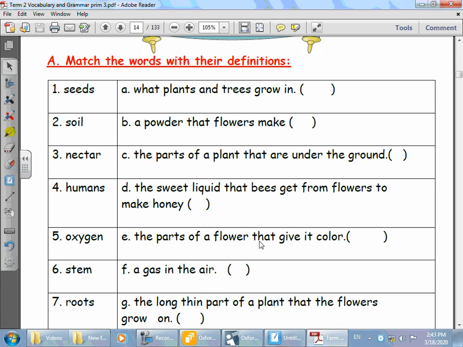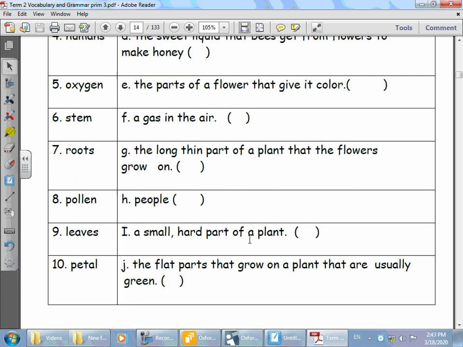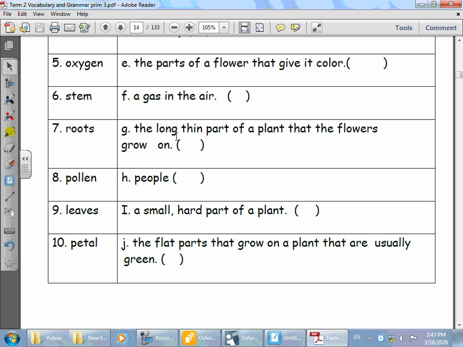Very good, the oxygen. Number 5. Okay, next, the long thin part of a plant that the flowers grow on. What is it? The long thin part. Excellent, it's the stem. Number 6. Next, people. Very good, humans.